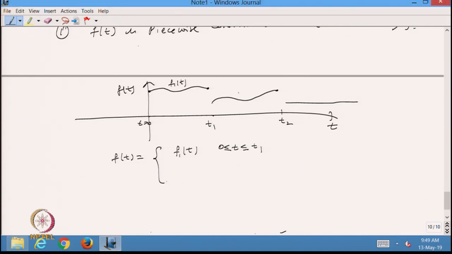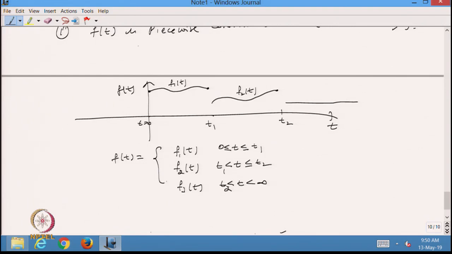Then I take my function f2(t), where t is greater than t1 and less than or equal to t2, and then I take f3(t), where t is greater than t2 up to infinity.